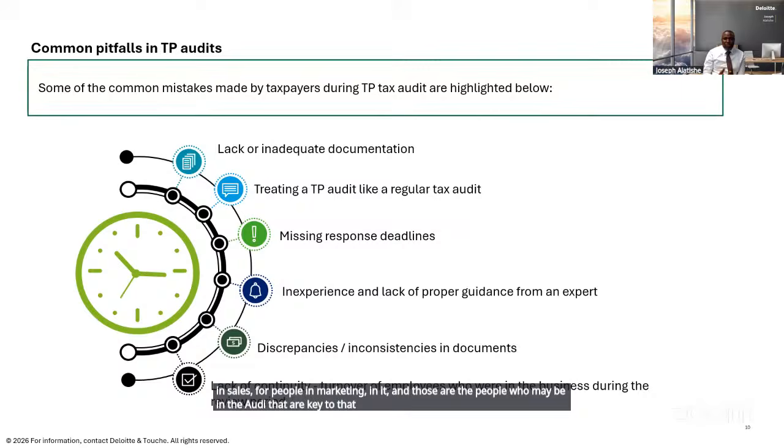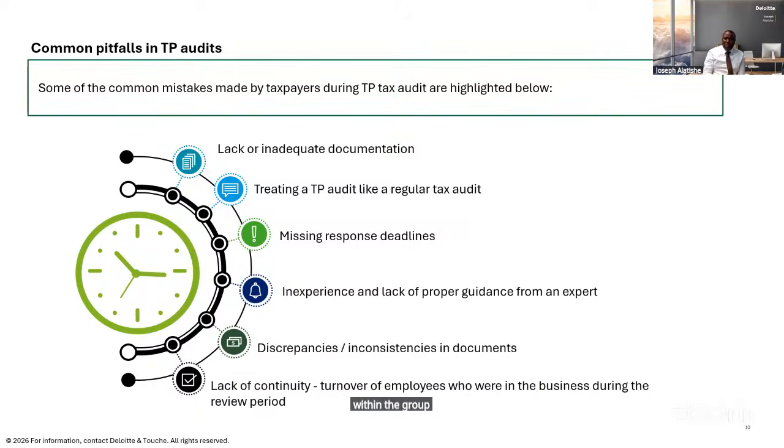Then the tax authority is asking questions about 5 years ago, and the people here do not know what happened 5 years ago. But if you have a transfer pricing system that recognizes this as a major function within the group and kept adequate documentation at the time that transaction occurred, or at the time those people were there, it mitigates the risks.